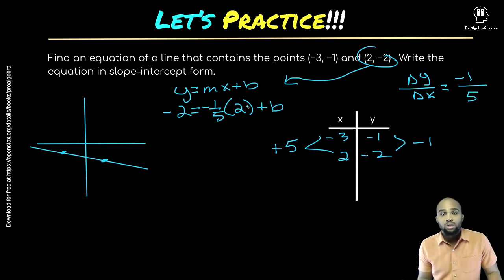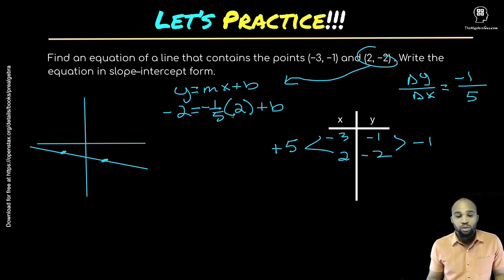Now you could use this instead of point-slope form also, as you can see, because you got one point and the slope. All right, so let's go ahead and do the math here. -2 equals -1/5 times 2, which is -2/5. I'm sorry, -2/5 plus b. Can't put the x just yet. And let's find b. To find b, I need to add 2/5 to both sides.